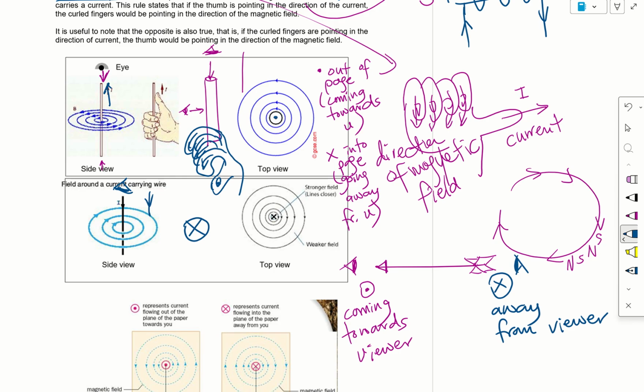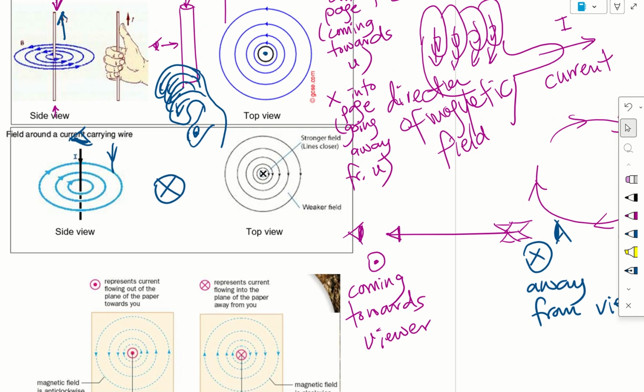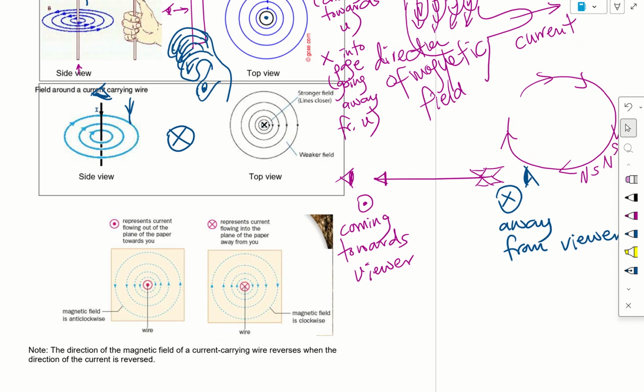So if you are again viewing it on your screen, your thumb should be pointing towards your screen, and you'll find that your fingers are curling in a clockwise direction. Okay, I should not try to draw because my drawing looks very ugly.